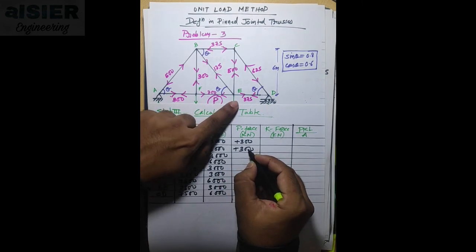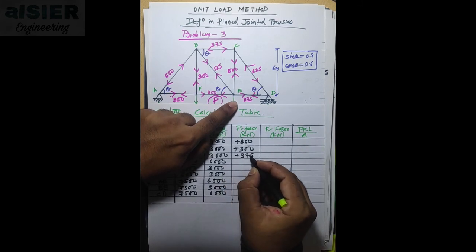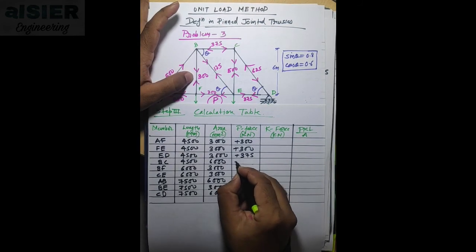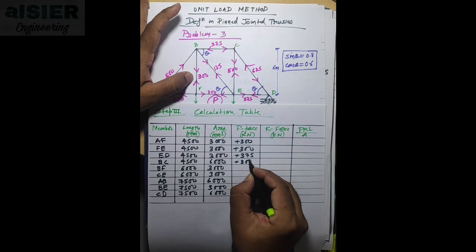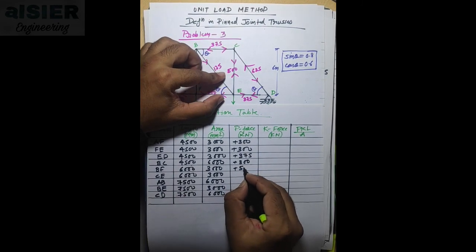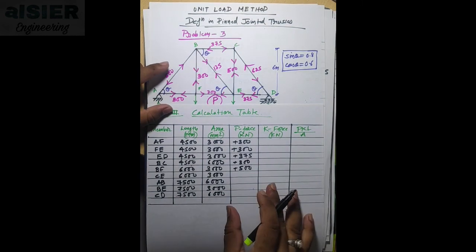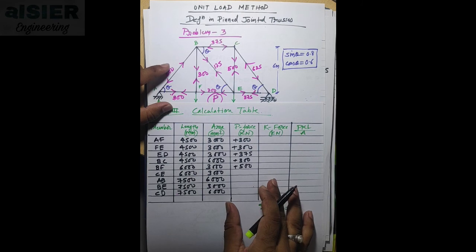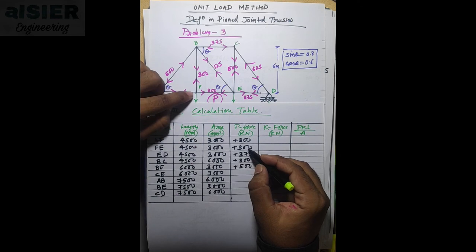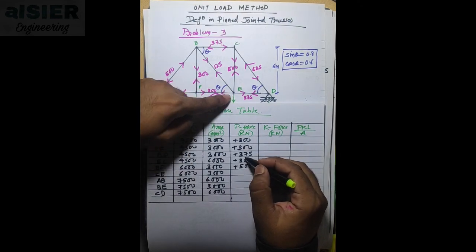Then again this is tensile, so plus 375. I think I made some mistake here. For AF it is 300. For FE it is 300. For ED it is 375, correct.